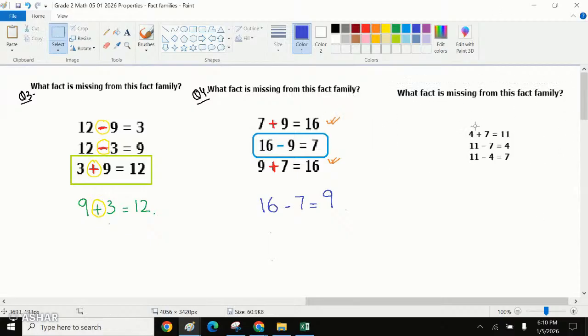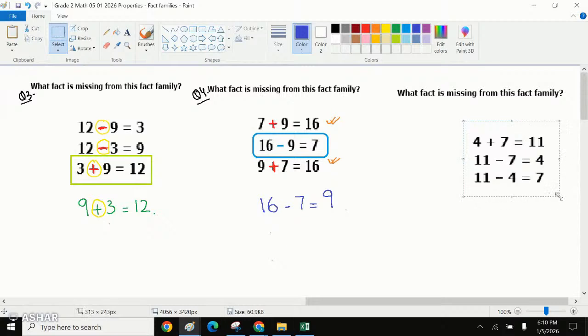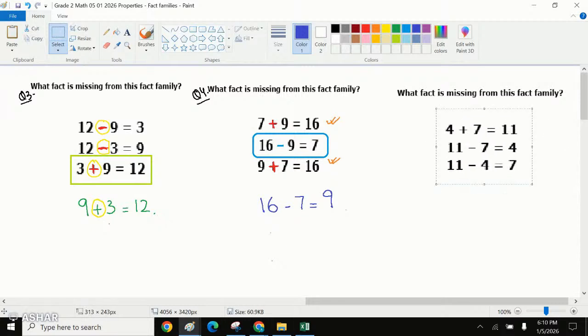For the next question, it says 4 plus 7, question number 5. We are given an addition, one addition is given, and 2 subtractions are given to us, right?